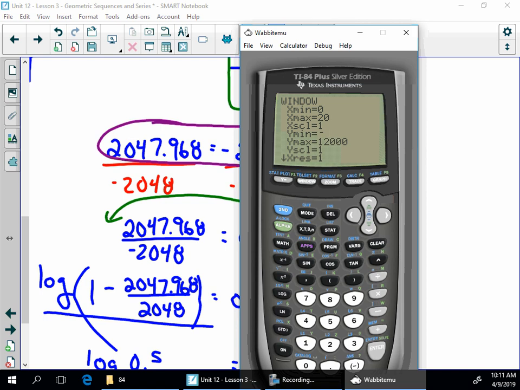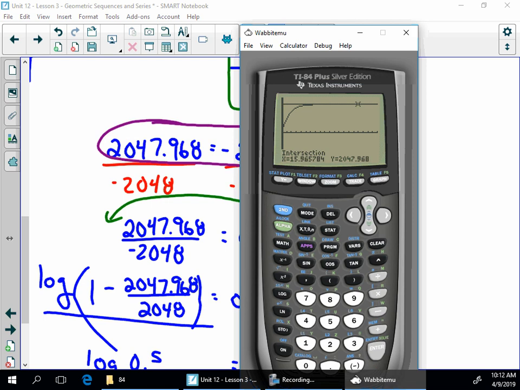Negative, I don't know, 2048. I need to go to at least 2047, so how about, like, 2500. Let's pass that number. And we're going to graph it. There's our straight line. Here comes our curvy line. Hey, they meet somewhere along there. I want to figure out where. Second calc, 5, enter, enter, enter. And hopefully we get the same answer.